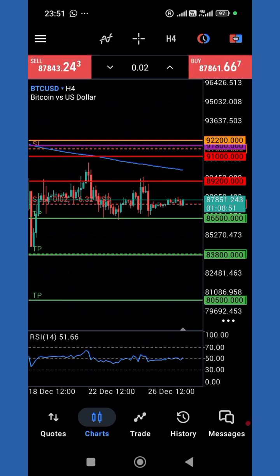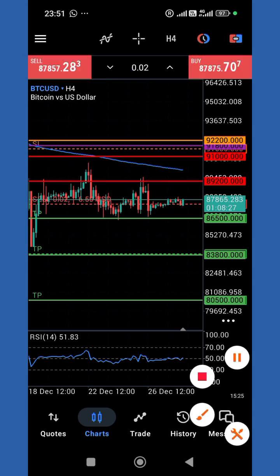And after that, the TPs, I've already set them. Those are the 3 green lines: TP1, followed by TP2, followed by TP3. Looking at it very well, according to the stop loss that I set, the RRR, the risk reward ratio, is 1:3.5.